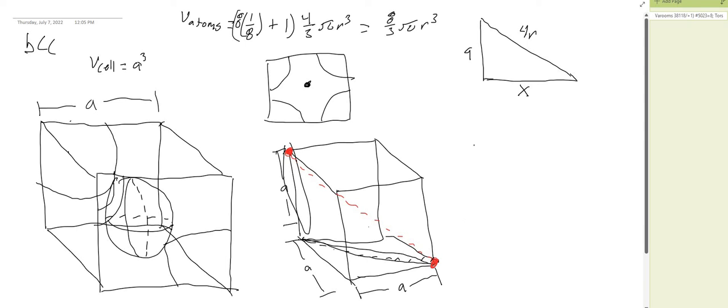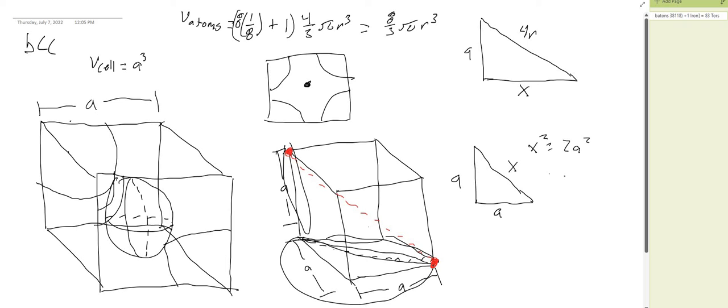But what is X? Well, we also have this triangle. From down here, we have A, and we called this X. So X squared is going to equal 2A squared. X is going to equal root 2 A. So we bring that back up in here.